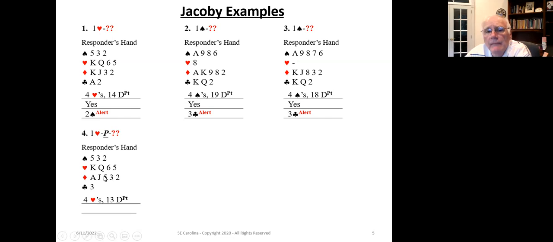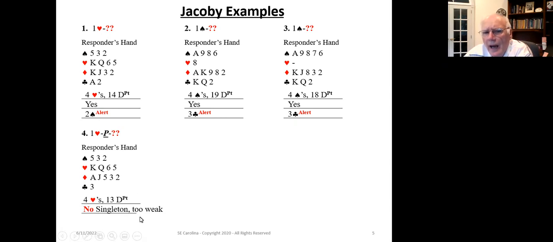Let's take a look at this next example. Here we've got 4 hearts. Our partner opened 1 heart, and we've got 13 distribution points. Now, do we want to use Jacoby here? Well, it's close, but close only counts in horseshoes, so it's actually too weak.